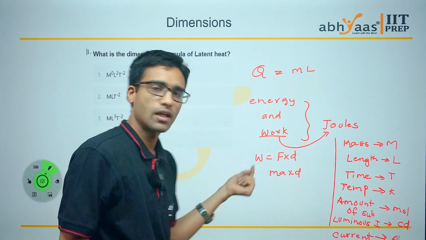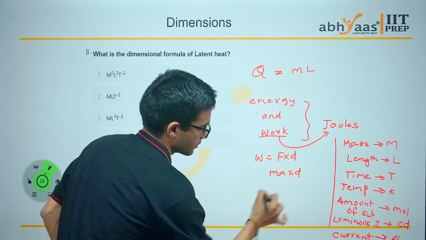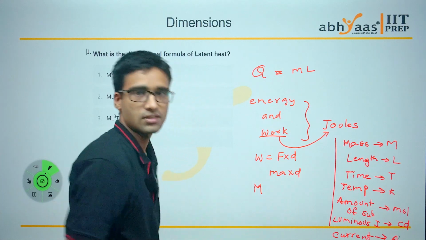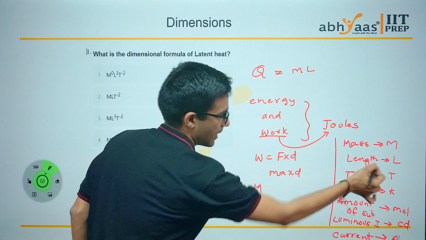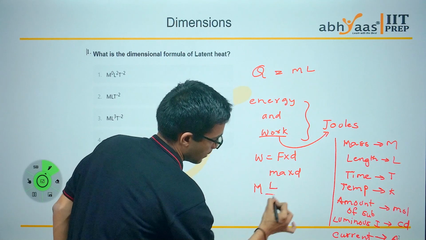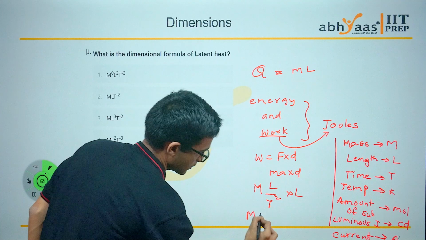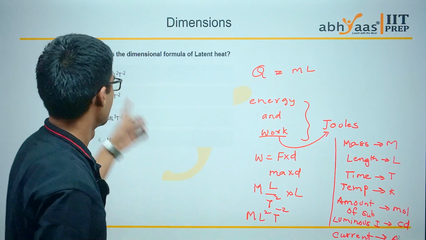Coming to this question, mass can be written as M. The acceleration units are meter per second square. Meter means length, so that can be written as L by T square, into L. What you get is ML²T⁻². This is the work units.